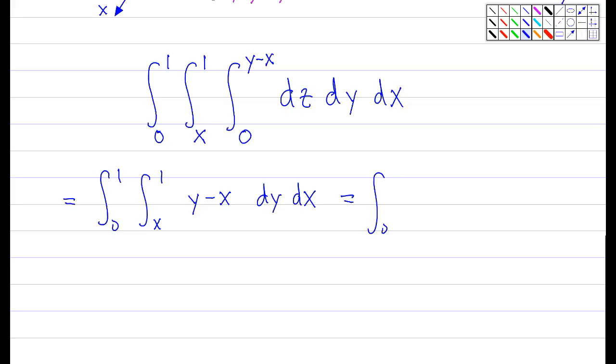Okay, let's do the inner integral with respect to y. Integrating with respect to y, I'm going to get y squared over 2 minus xy, and I have to evaluate that with an upper bound of 1 and a lower bound of x, and we still have our x integral there.